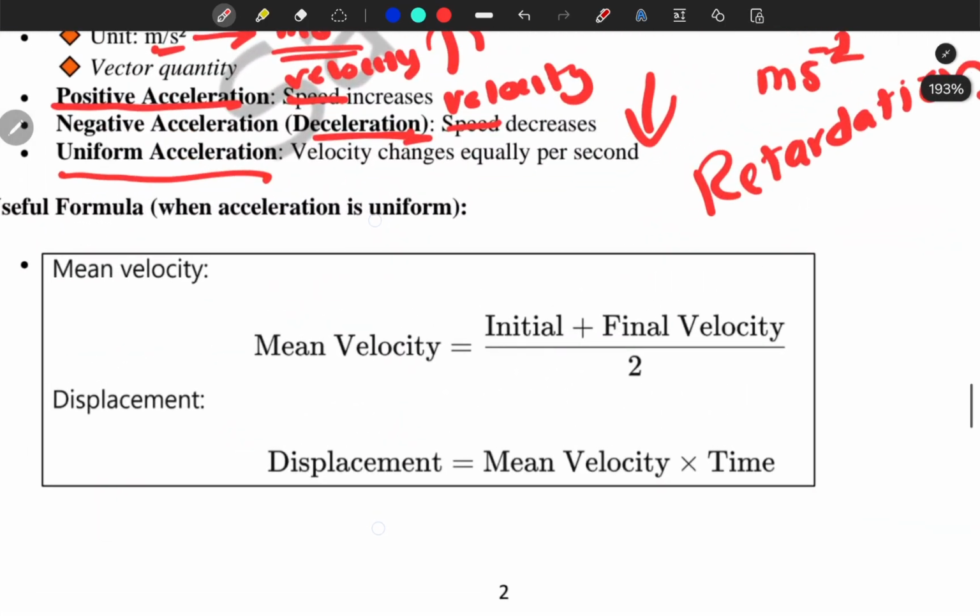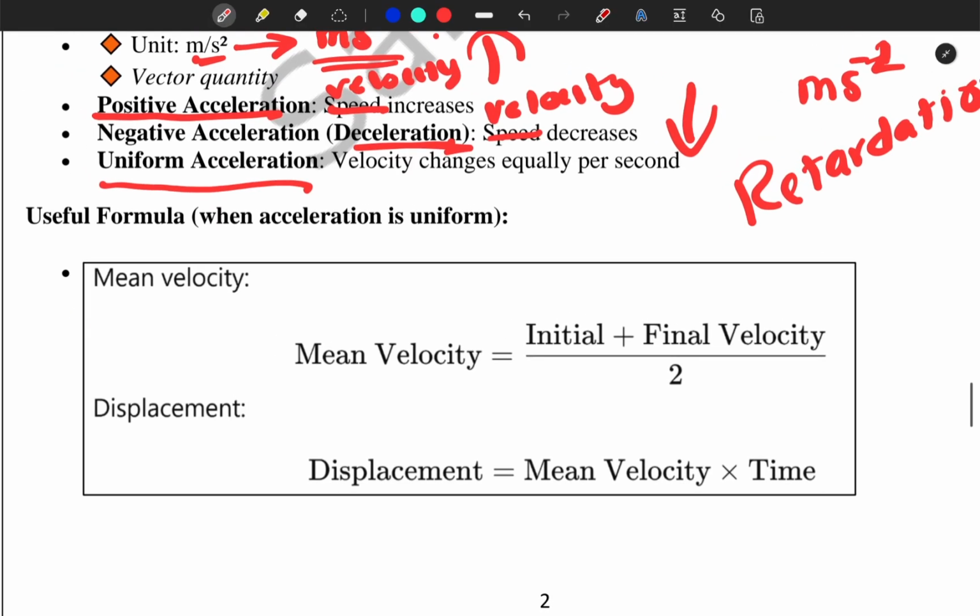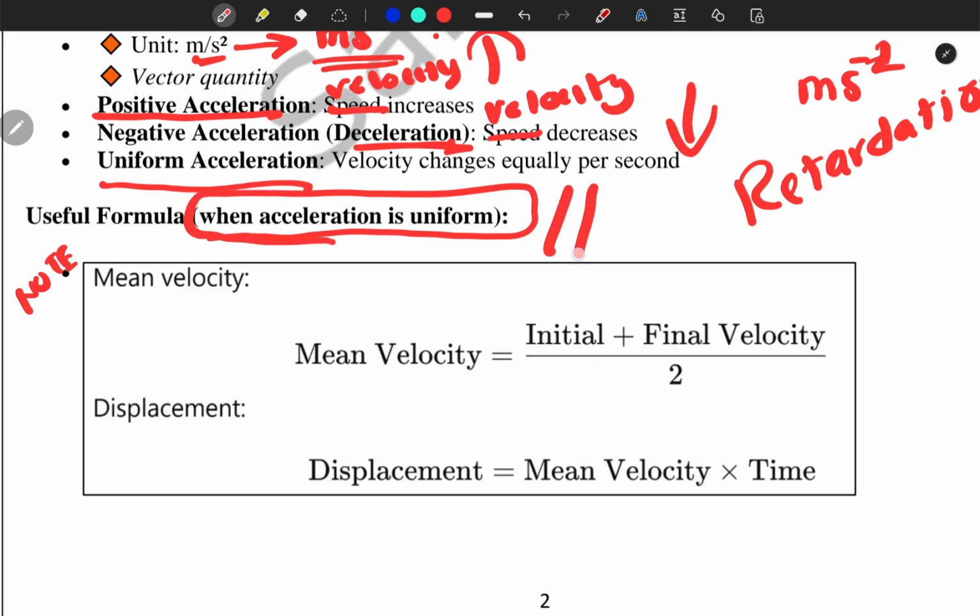But there is another way. But remember, note, lamai, don't confuse this concept with others, right? Only when the acceleration is uniform. I highlight, only when the acceleration is uniform. Don't use this equation when the acceleration is non-uniform.